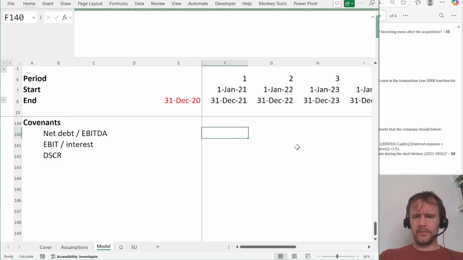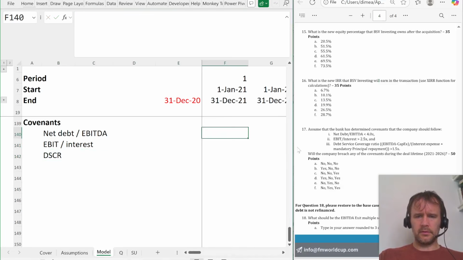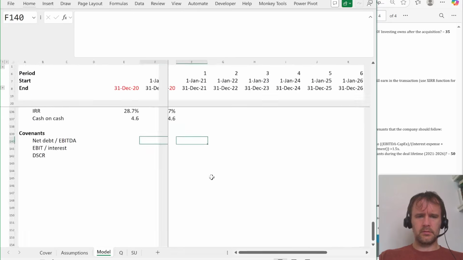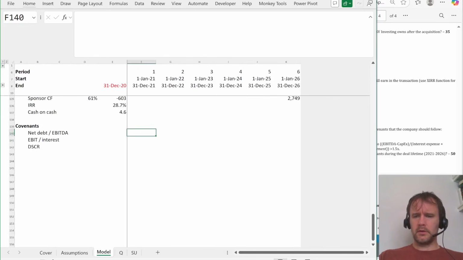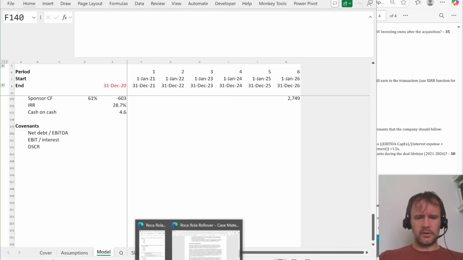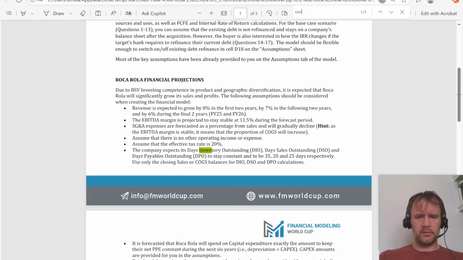Okay. Seriously, what's going on with my Zoom? It's super annoying. All right, sorry. Net debt over EBITDA. I'm just going to see if there's anything in the write-up about the covenants. There is not. Okay, well then that's no help to me.